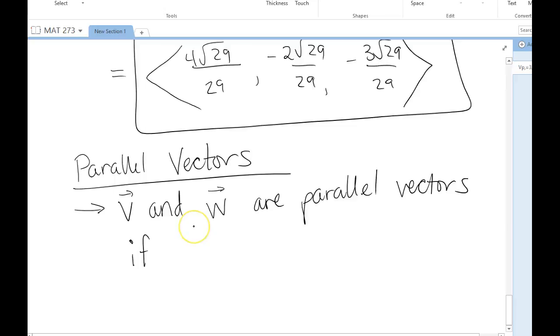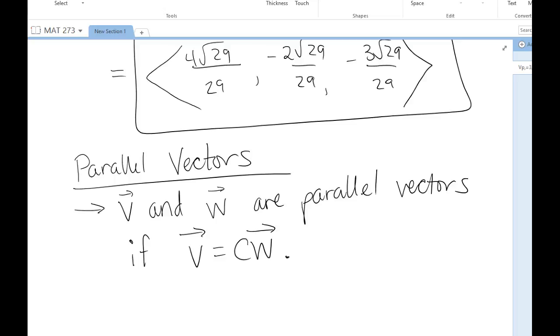So what that means in relation to one another, if V and W are parallel vectors, then one of them is just a scalar multiple of the other. One vector is just a scalar multiple of the other. That means they have the exact same direction, they just have different magnitudes.